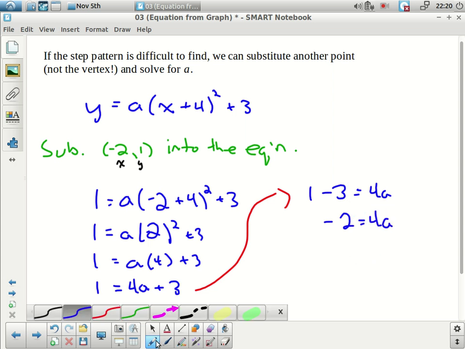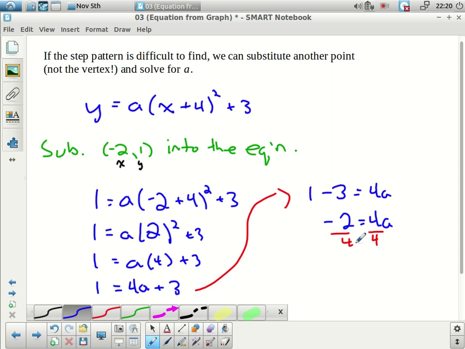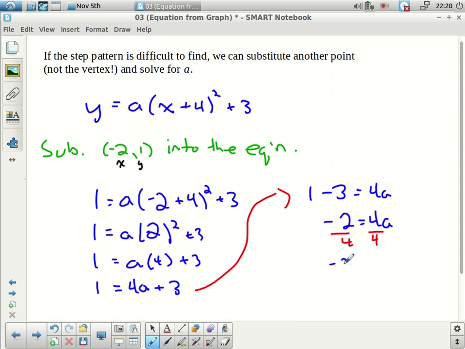Okay, and my final step would be to divide both sides by 4 to get the a by itself. So on this side I have -2 over 4 is equal to a. Of course, 2/4 is the same as a half. So -1/2 is equal to a.